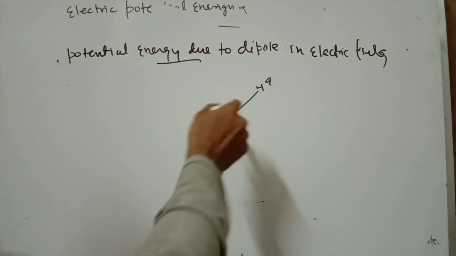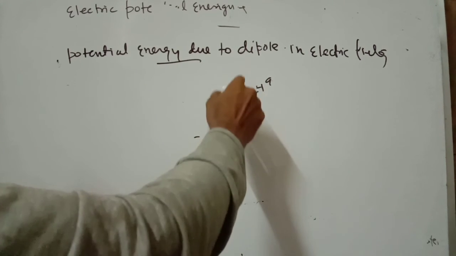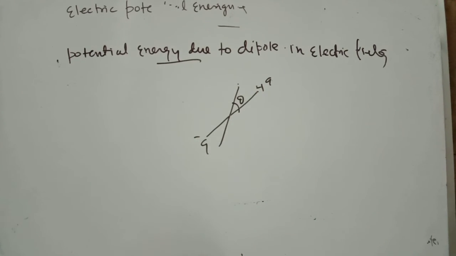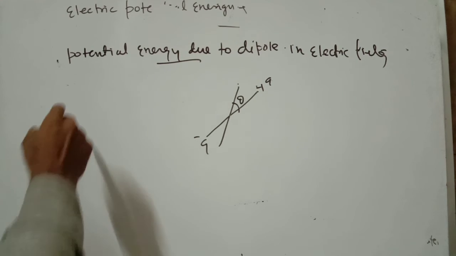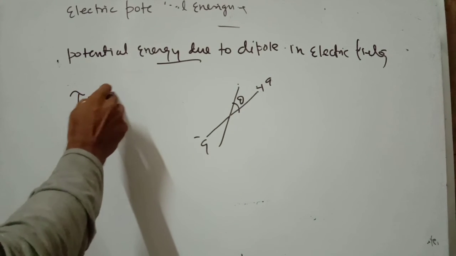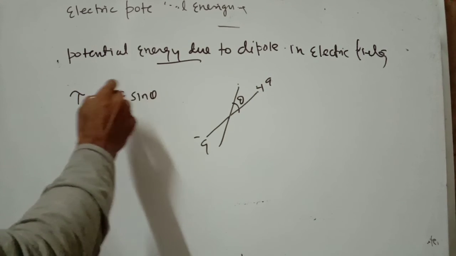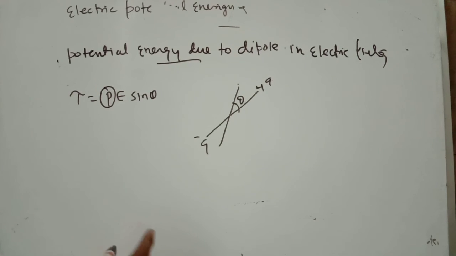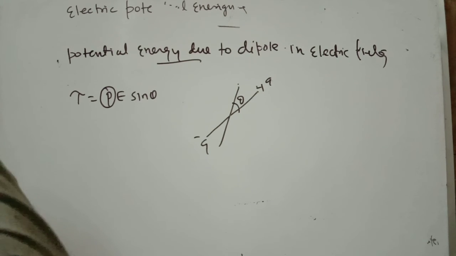If it rotates by theta, what is the work done by the dipole? Obviously we know the torque is P E sin theta, where P is the dipole moment, already discussed in previous classes. So please go to the previous classes, watch the full video and you will understand this.